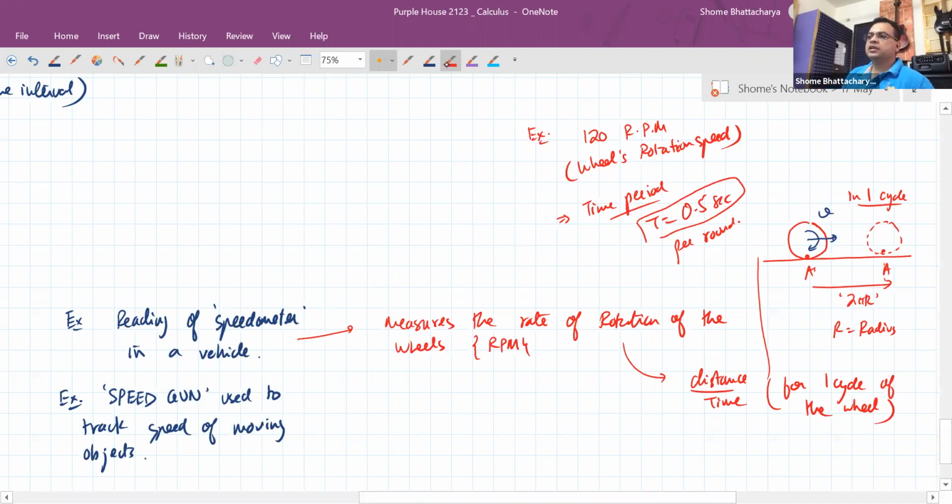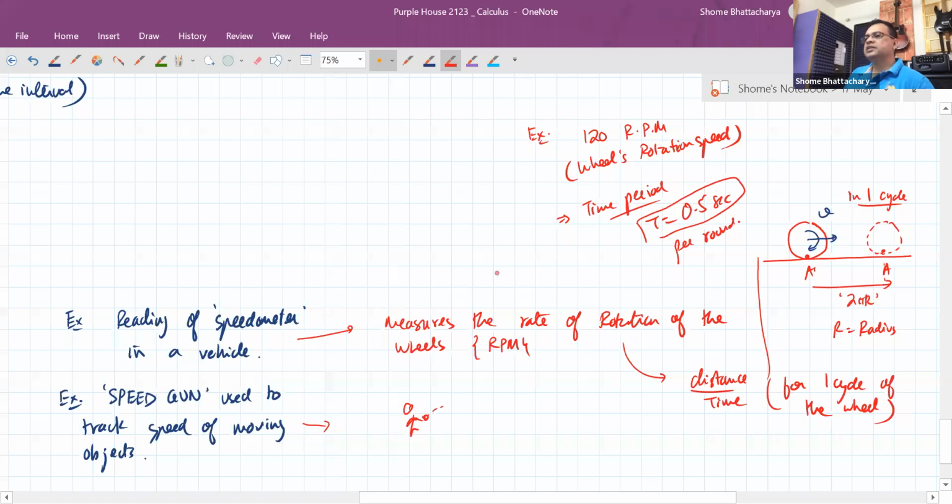Similarly, what a speed gun does, a speed gun typically has some way of mapping the motion of an object for a very small distance using an infrared reflection technique or an infrared detection technique. So for example, if we are talking about the speed gun in a game of cricket, the bowler is bowling the ball and releases the ball from some point here.